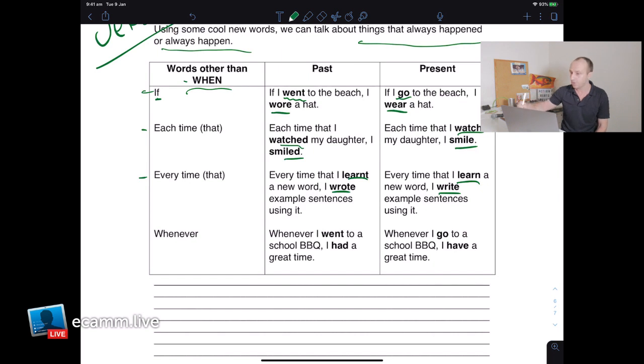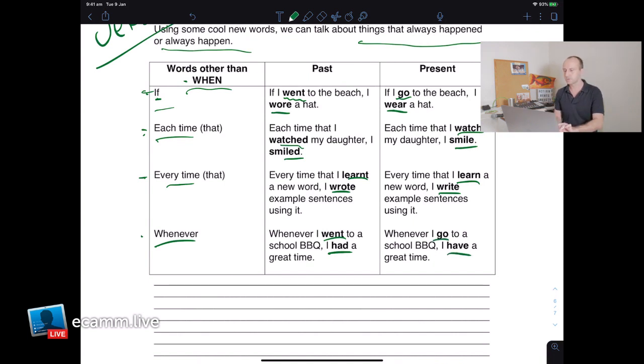So now you've got 1, 2, 3, 4, and then the fifth one there, whenever. Whenever I went to a school barbecue, I had a great time. Alex and Kaz, you could say, whenever I was in Paul's class, I had fun. If I was in Paul's class, I had fun. Cool. Went and had, go and have.